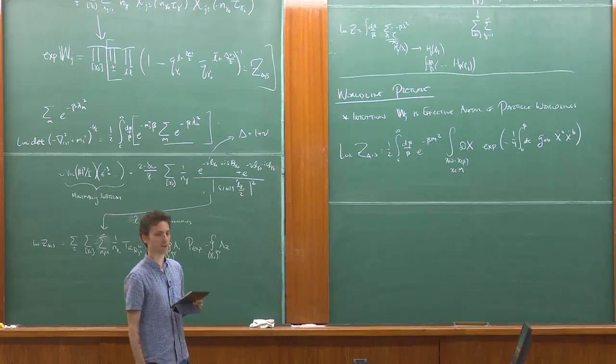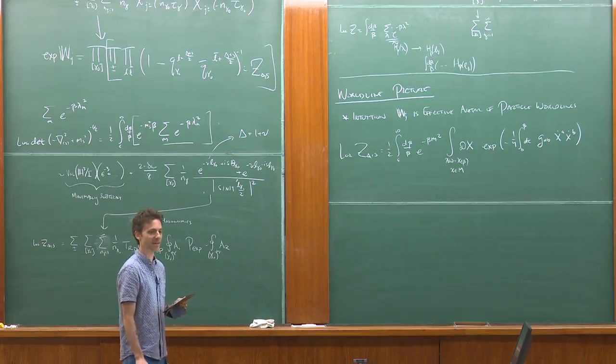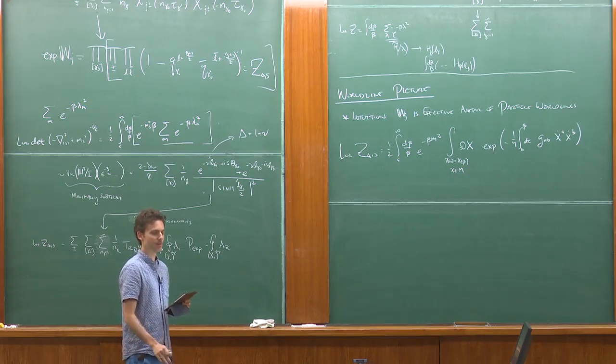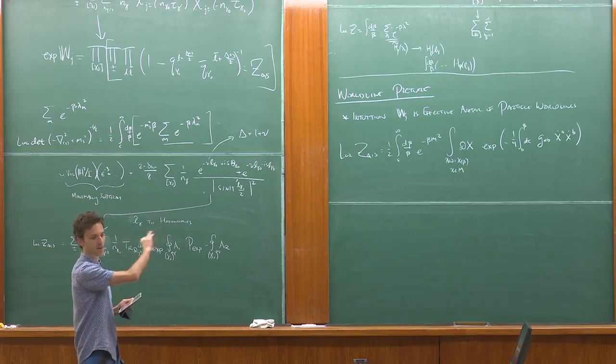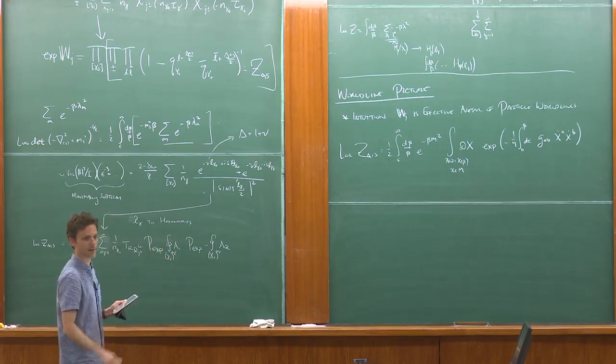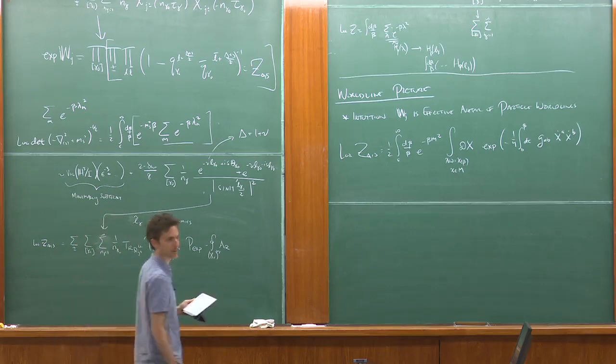There is a counterterm that I had planned to sweep under the rug. It's a constant shift that would have been a very annoying detail to keep track of, but it's in our paper if you want to see it there.